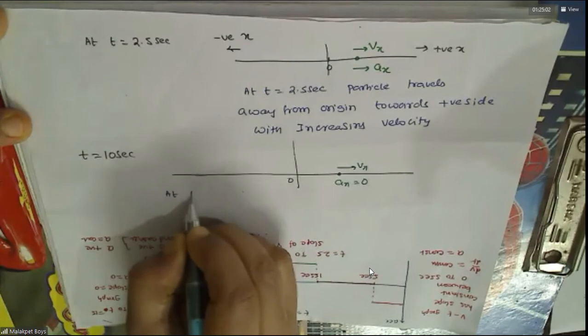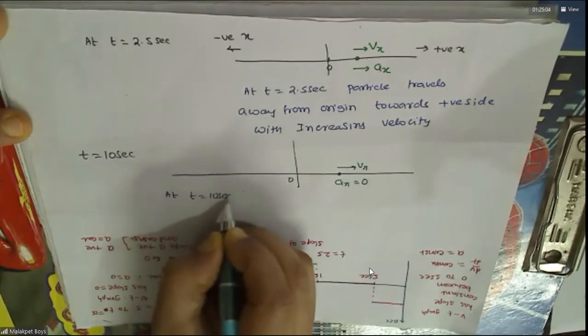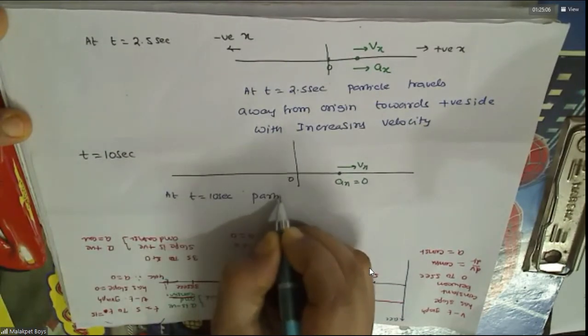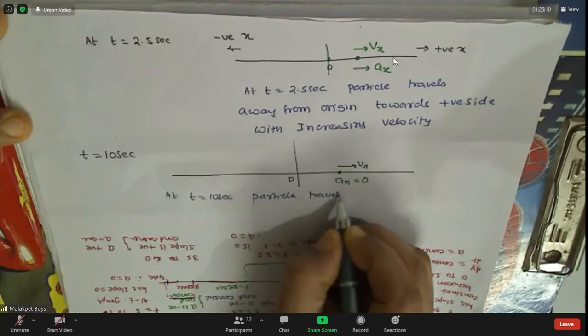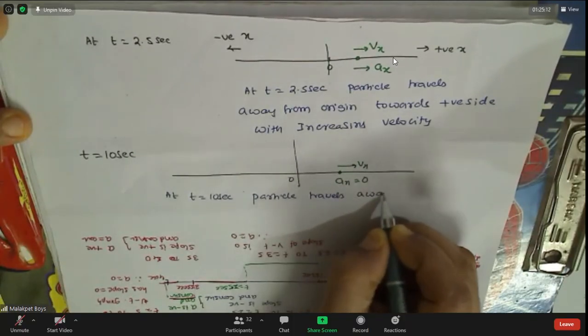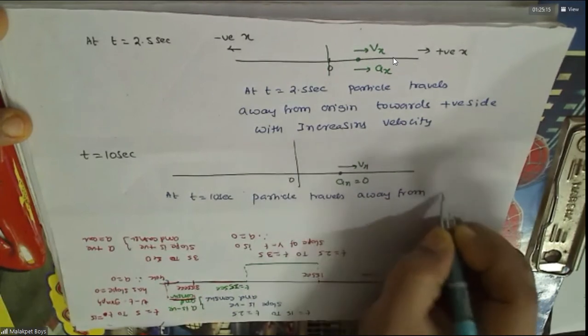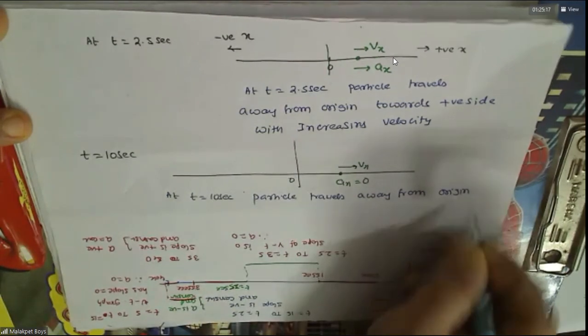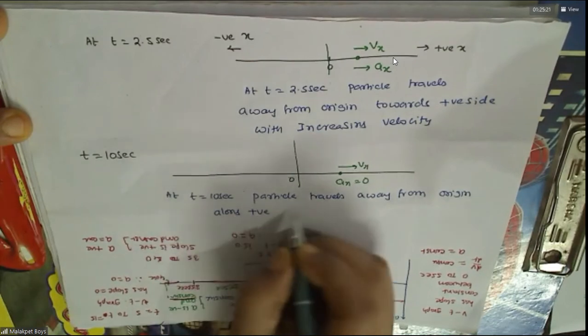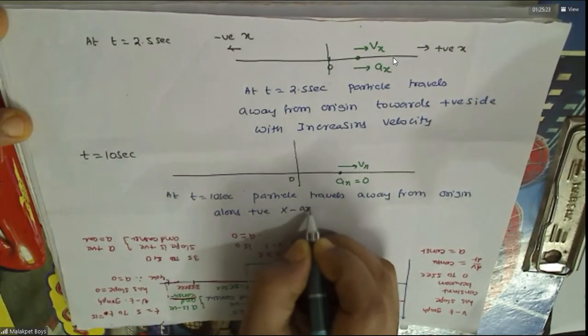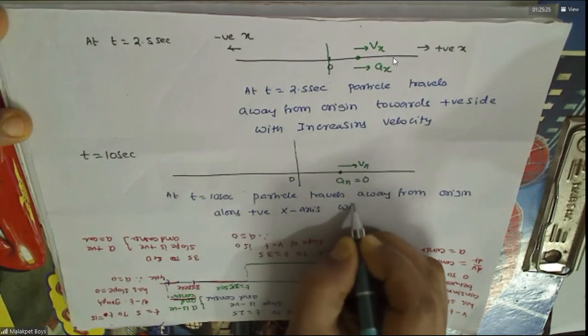Right. At t equals 10 seconds, the particle travels away from origin along which side? Positive x-axis with constant velocity.